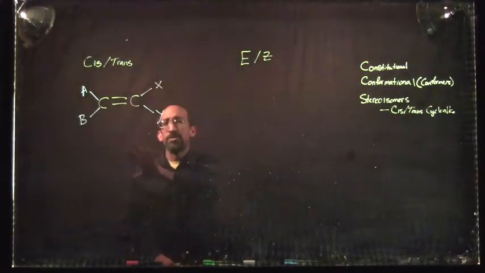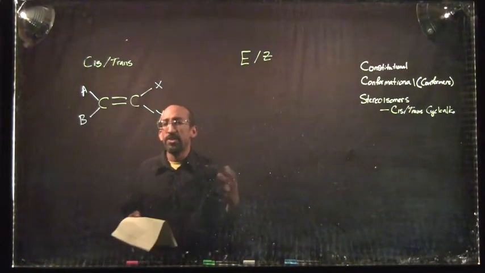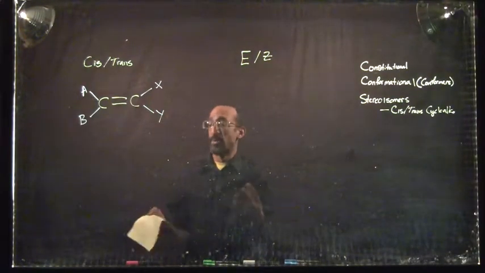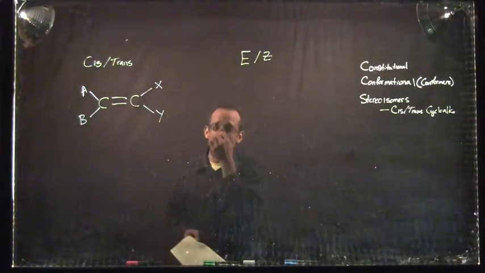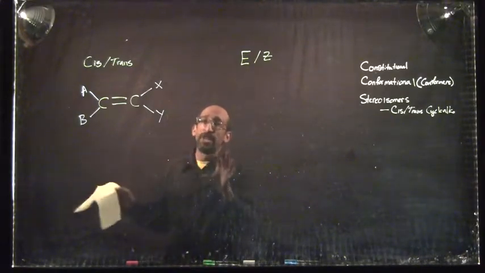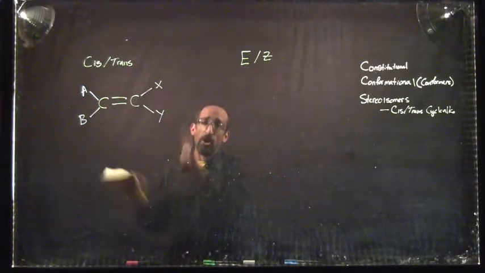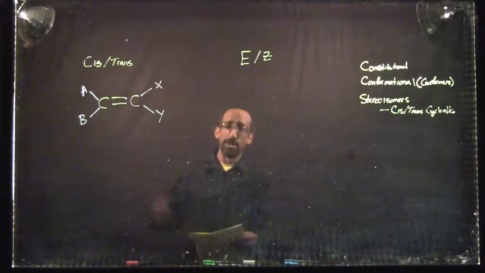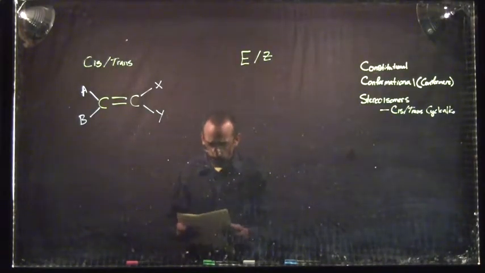And if all four of these groups are the same, there's really no stereochemistry to this alkene. All four of these are the same. It's just a carbon-carbon double bond somewhere in a molecule.